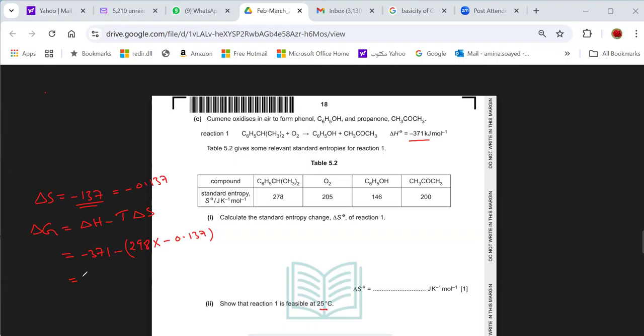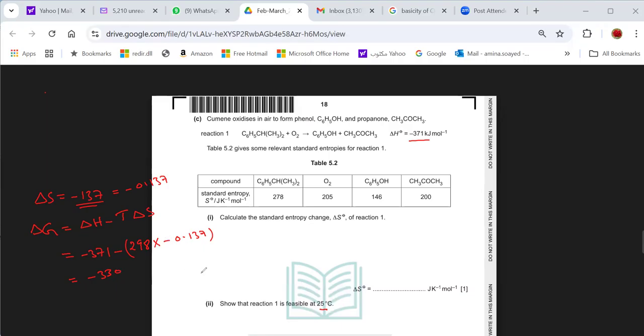So this is times 298. So I got minus 330.175.